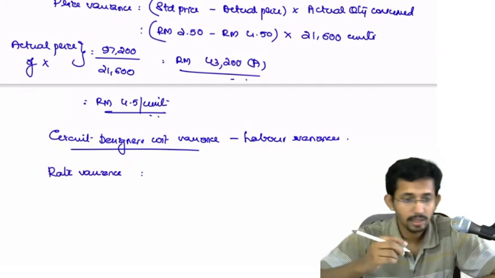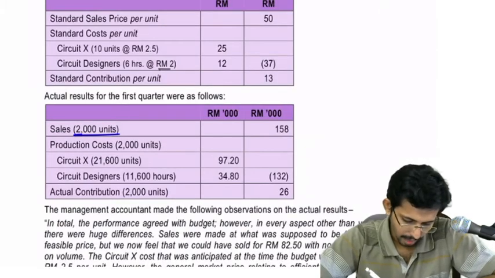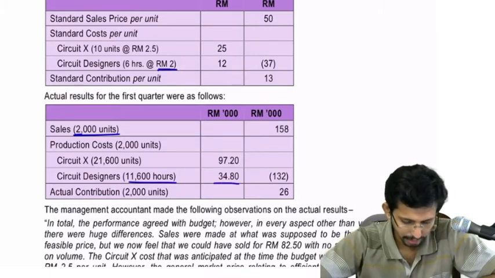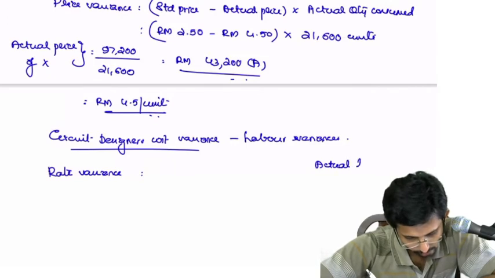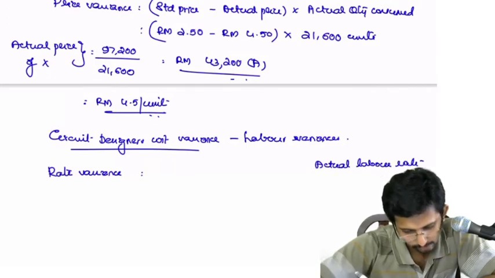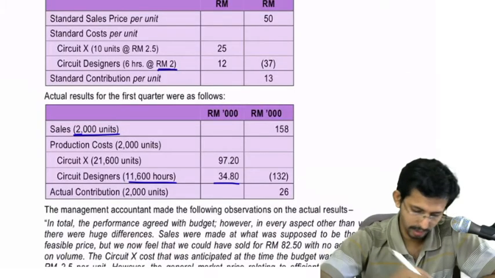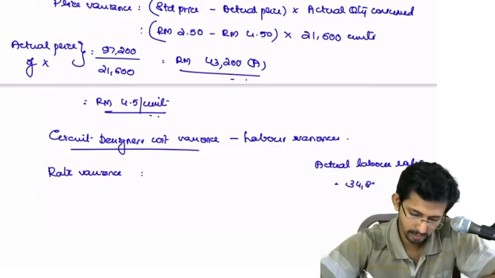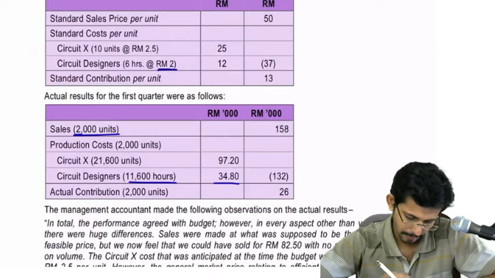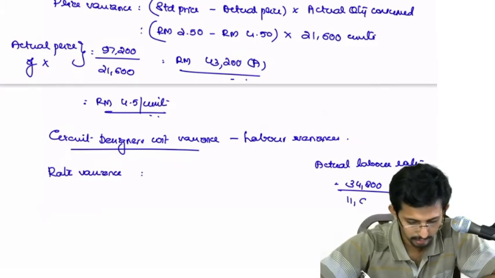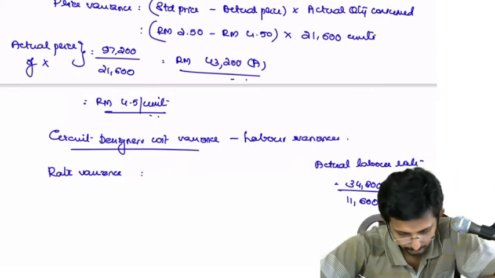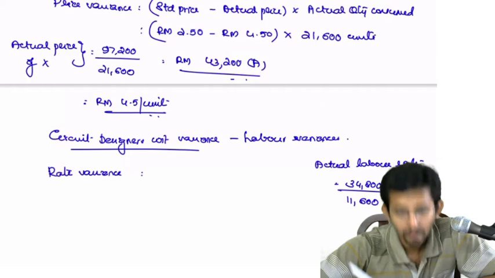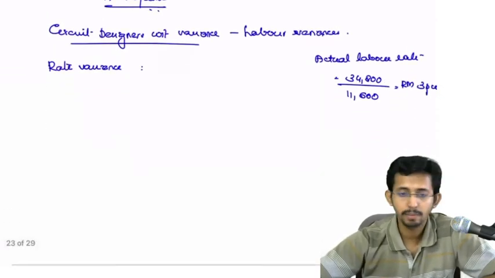Rate variance: the standard rate was 2 and the actual rate was 34,800 divided by 11,600, which is RM 3 per unit.